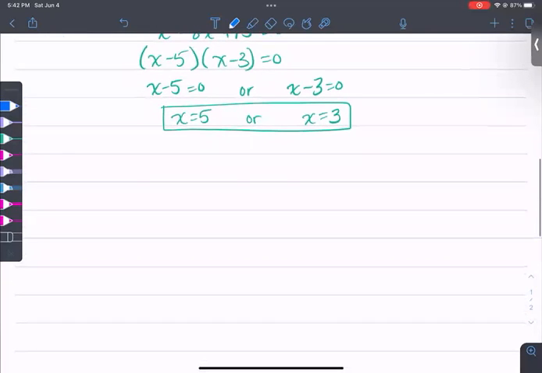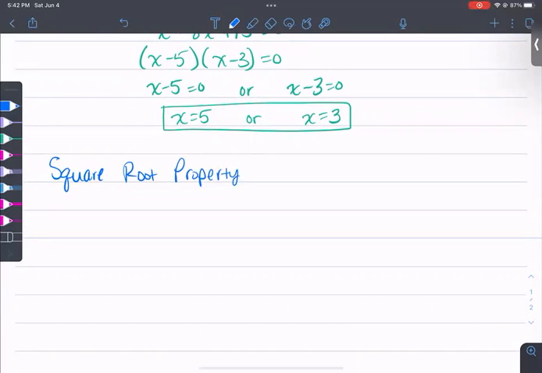Another method we can use is called the square root property. This does not apply to every quadratic, but it's convenient when it does.